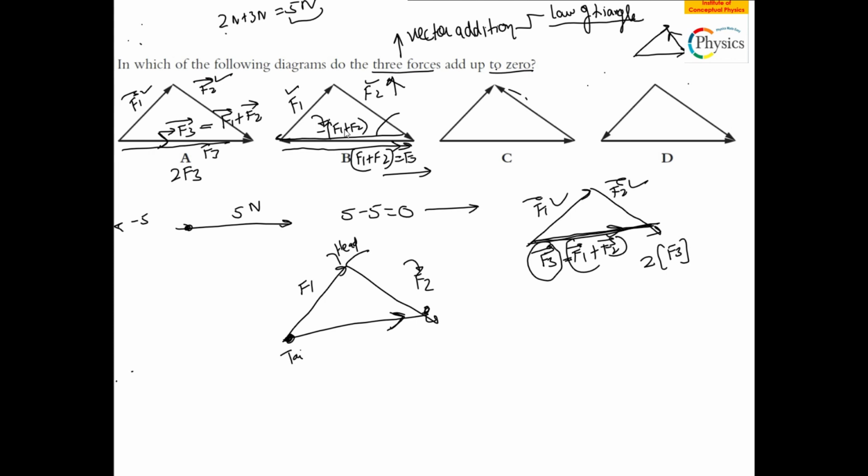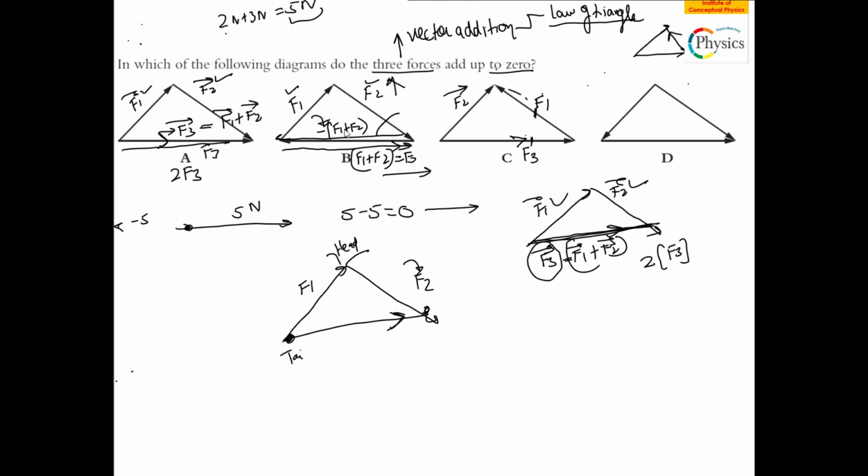Now let's talk about diagram number 3. If you see diagram number 3, this is my force, maybe 3, I've been calling it 3. This is F1. The sum of these two, F3 plus F1, is this force, right?